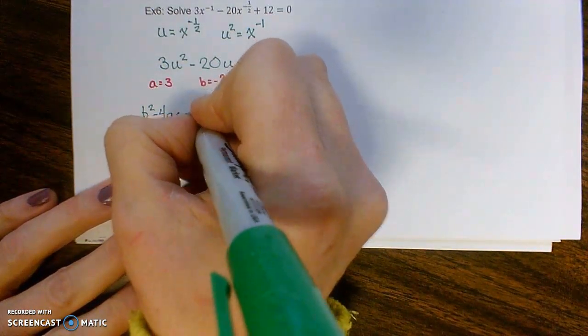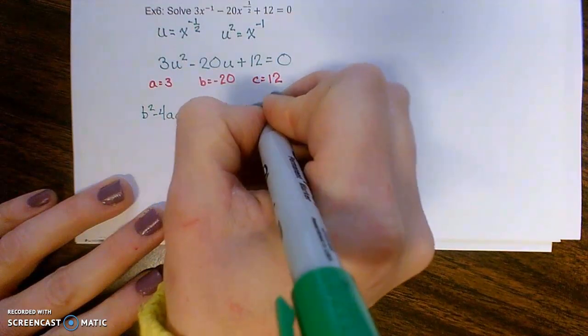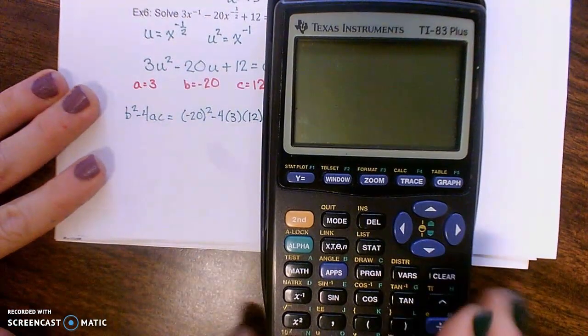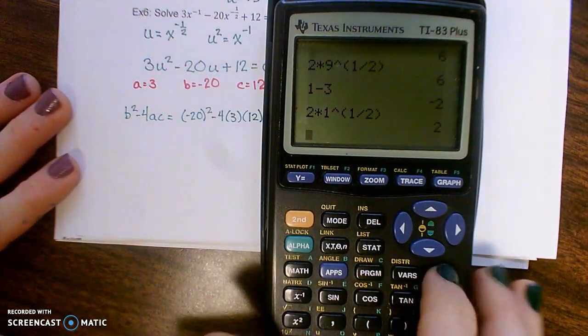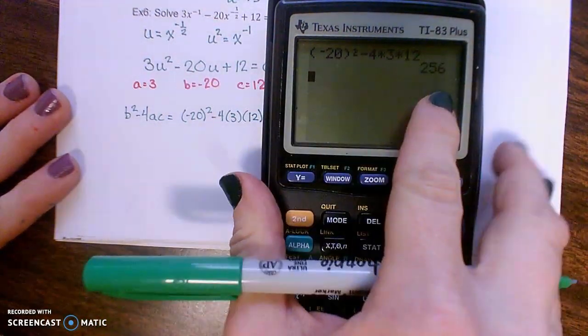So that'll be negative 20 squared minus 4 times 3 times 12. Let's just pull out the calculator to do that. So negative 20 squared minus 4 times 3 times 12. We get 256.